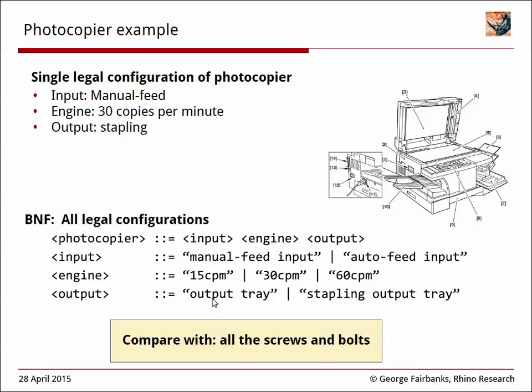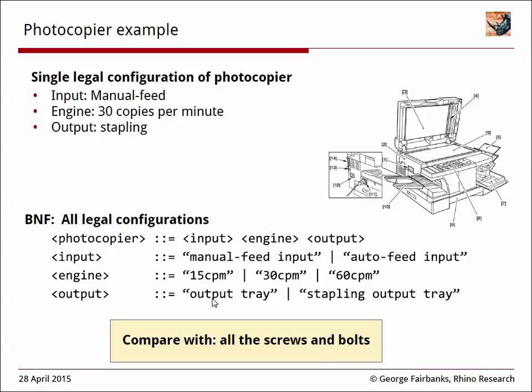So when I describe this thing to you, implicitly I was describing a specific configuration, like the one at the top here: manual feed, 30 copies per minute, and stapling. That's one configuration. So that might be analogous to a test configuration, or it could be equivalent to a production configuration that I'm going to run my system in.